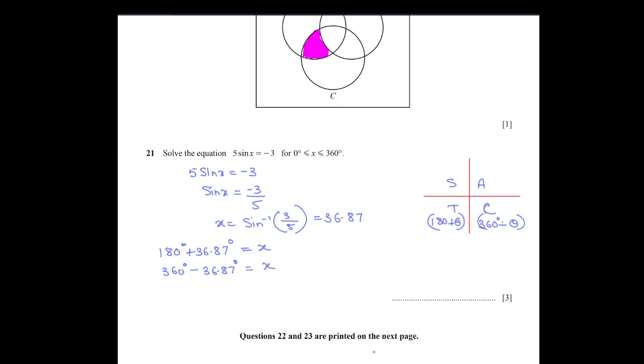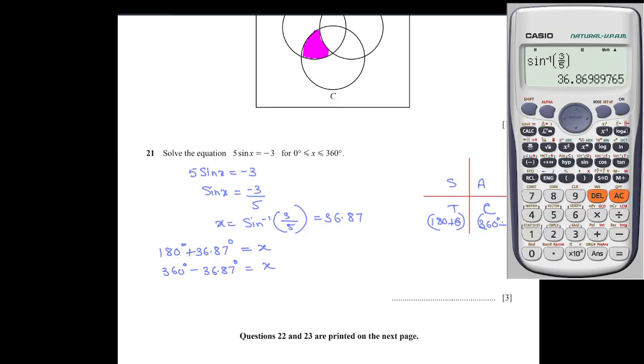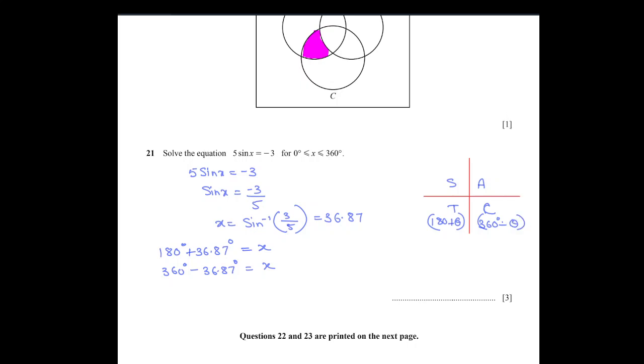So find out 36.87 plus 180, that is 216.87.